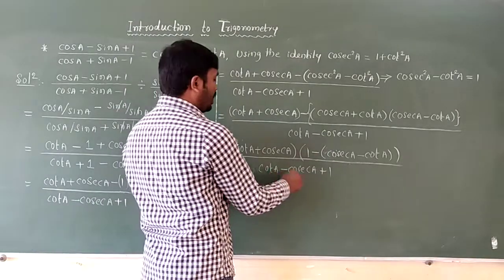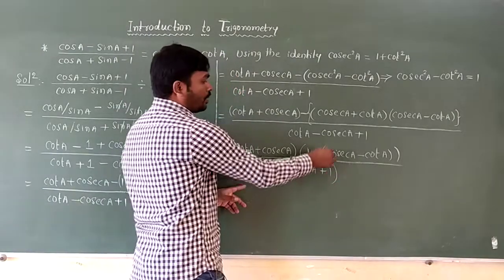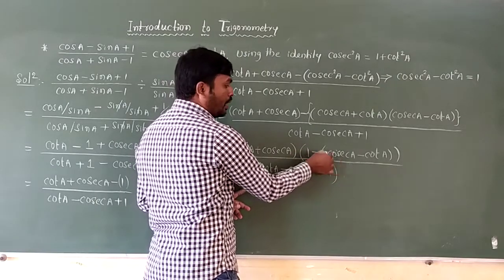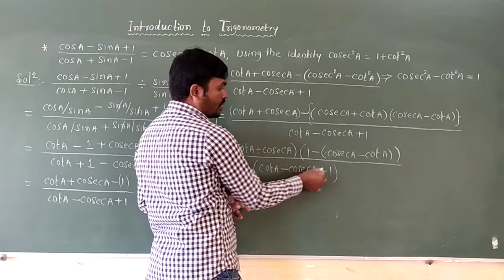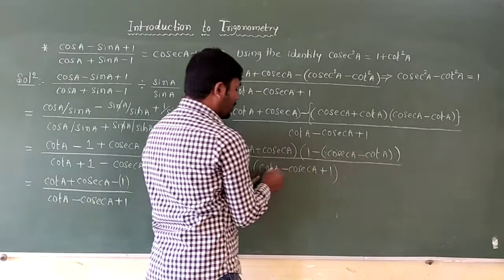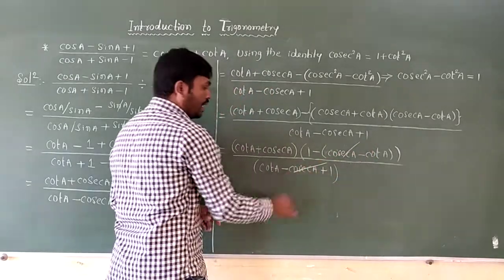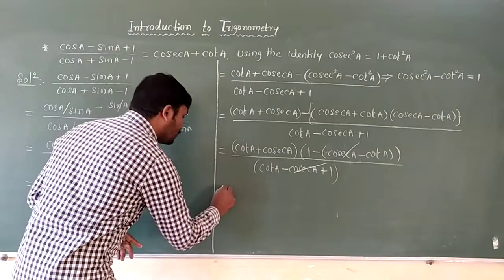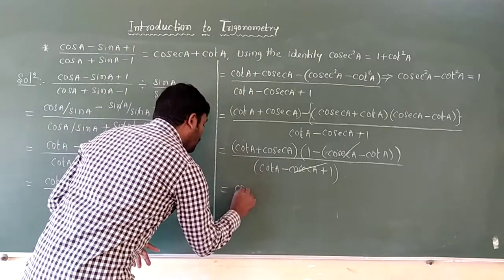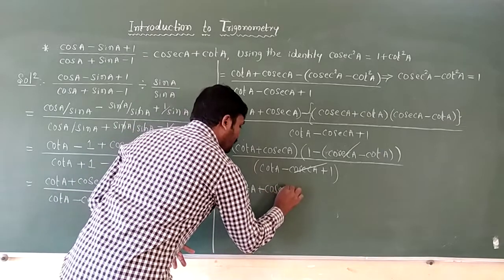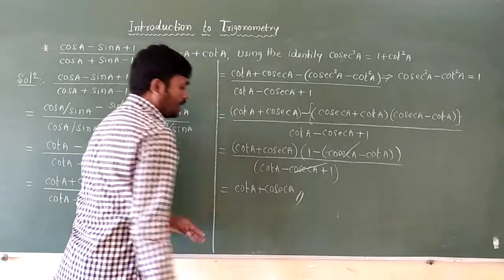See here now, both these terms are the same: plus 1 minus cosec A, and minus into minus, plus cot A. So both these terms cancel. So this is equal to cot A plus cosec A. Hence the proof.